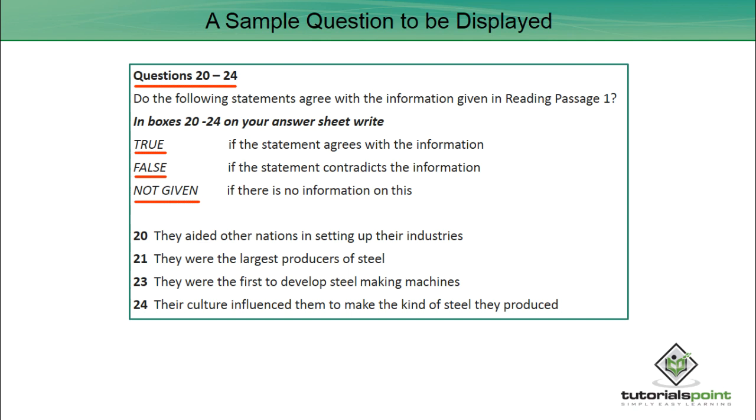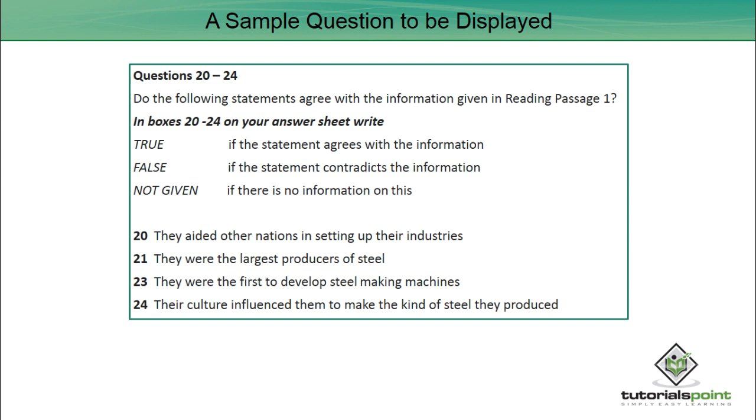So you will have to read this set of instructions very carefully before you start reading the question itself. So here we have to find out basically if the statements agree with what is given in the passage, which means you have to see if these statements are given in the passage or not, or if they are not mentioned at all. Based on that, you will have to give your answer.